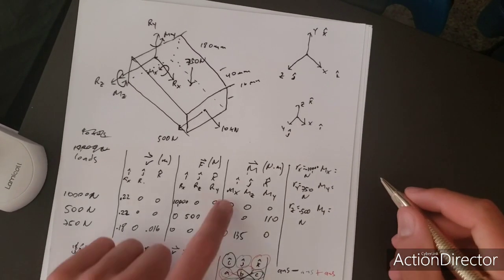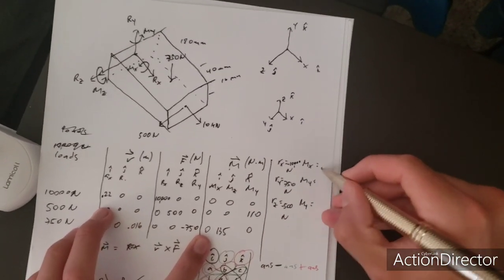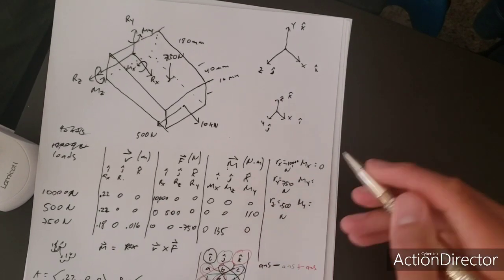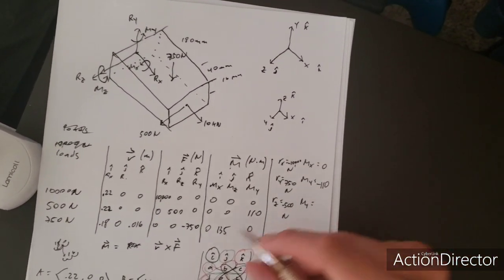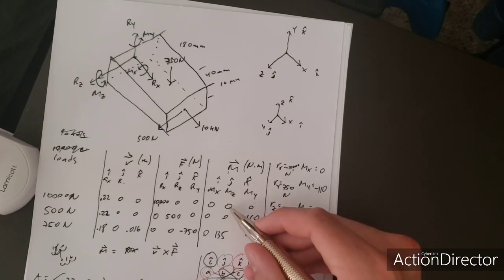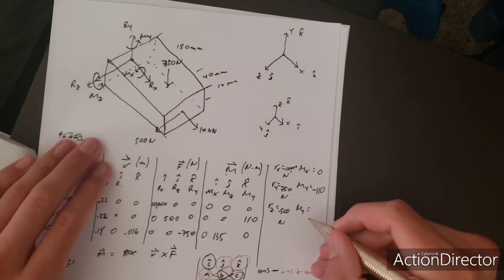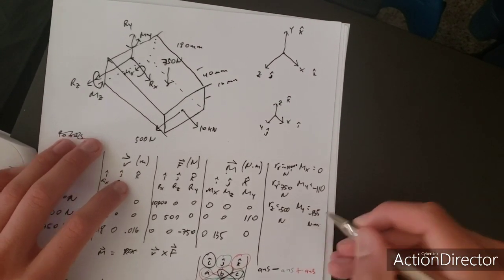So there you go. For the moment of X, I add up 0 to 0 to 0, I get 0. And then for the MY, it's negative 110, opposite of 110. And 135, 0 plus 0 plus 135 is 135. So it's negative 135 newton meters.